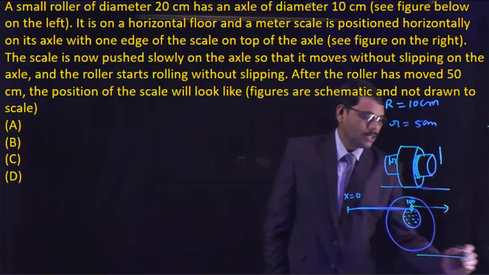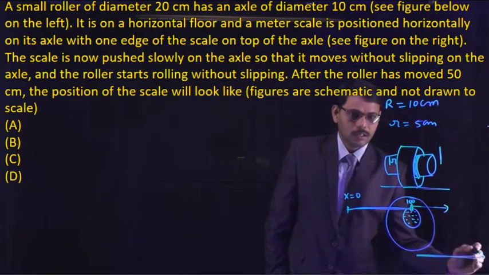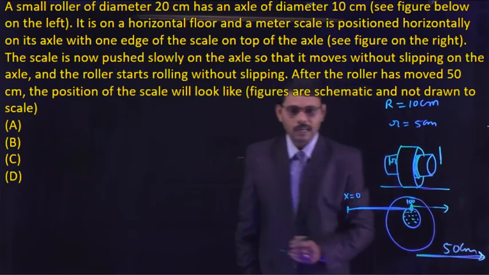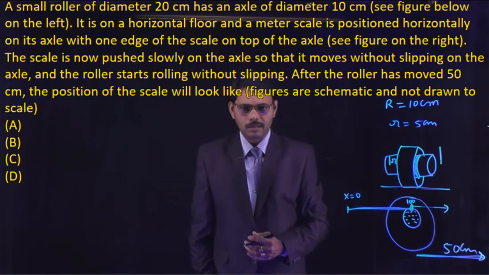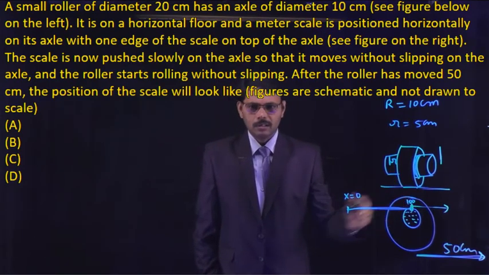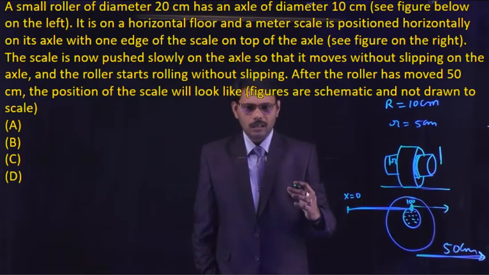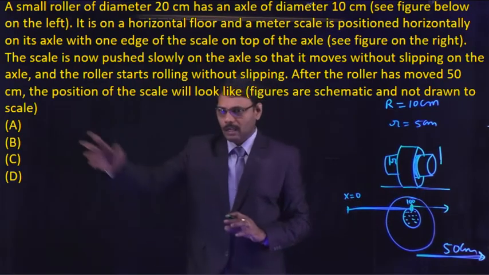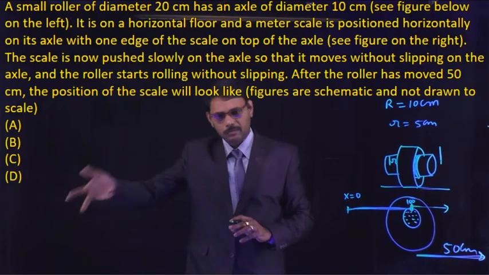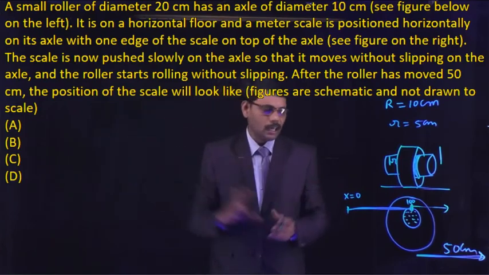Given that the displacement of the roller is 50 centimeters in the forward direction, the position of the scale with respect to the roller is asked. Options A, B, C, D, 4 diagrams were given actually. I didn't draw the diagrams of the options.